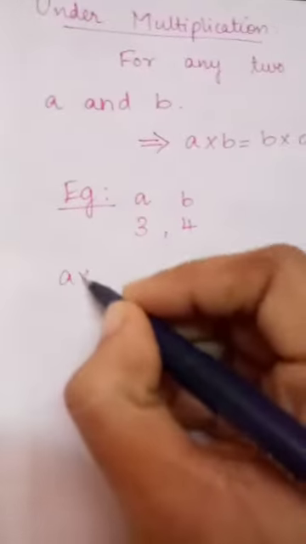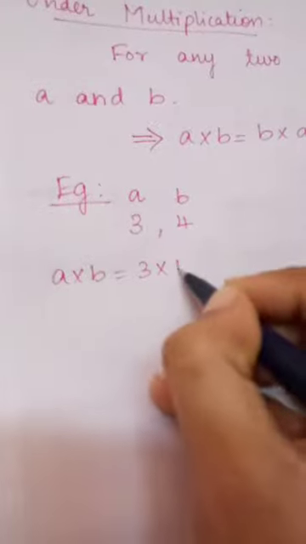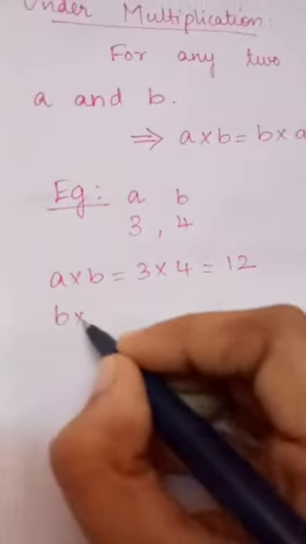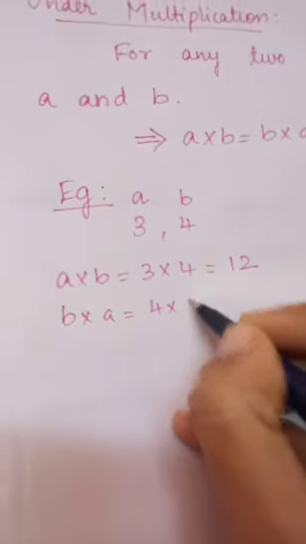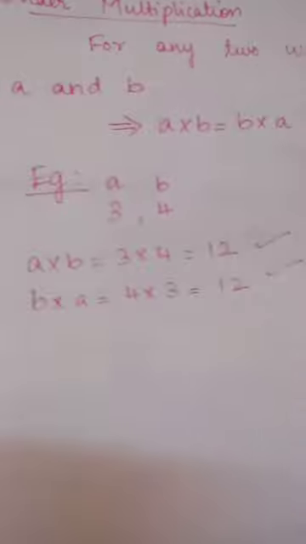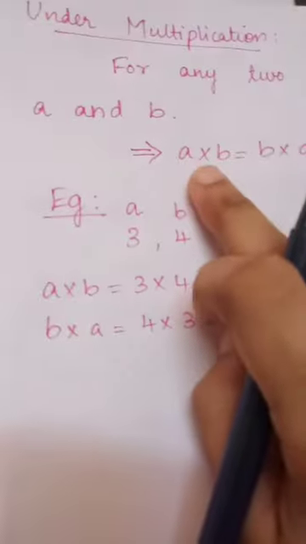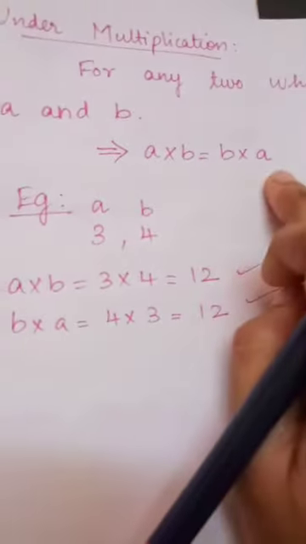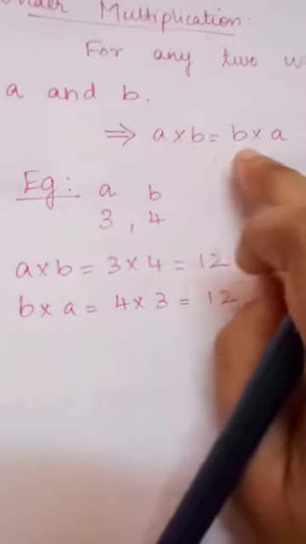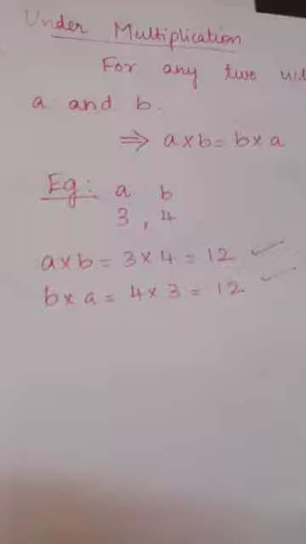So A into B means 3 into 4. The answer is 12. Then B into A means 4 into 3. The answer is 12. So both answers are the same. So whole numbers satisfy this commutative property under multiplication: A into B equal to B into A.